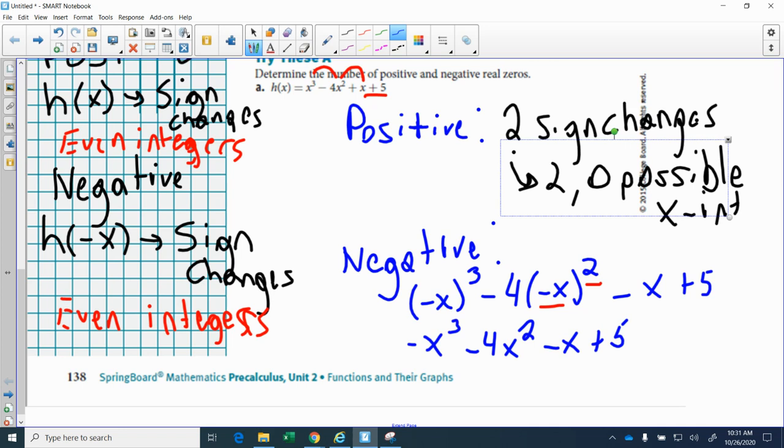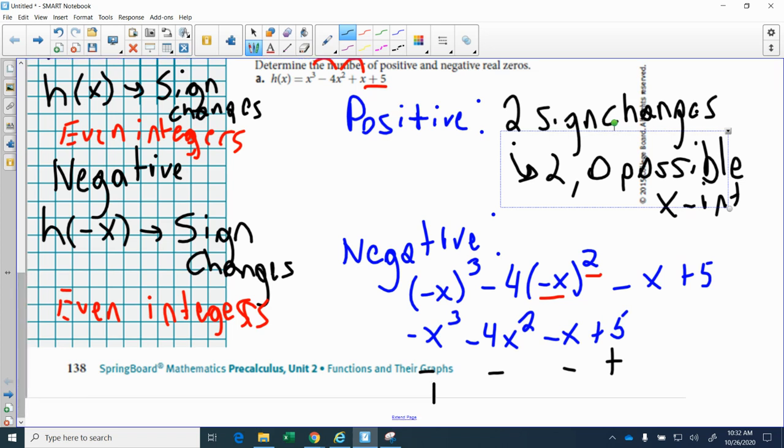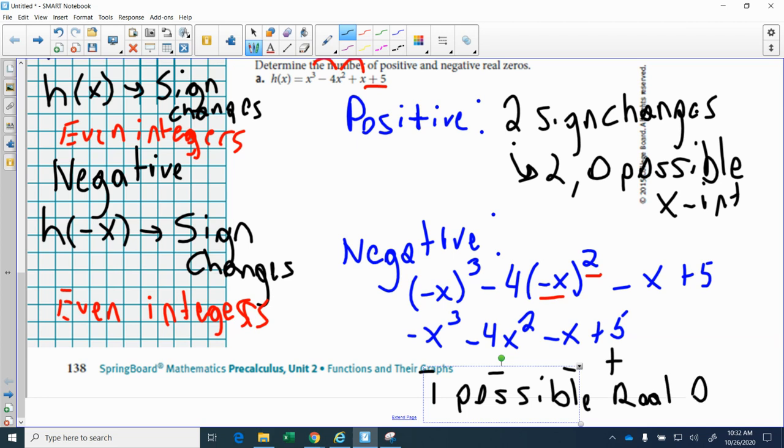So in this case, when I look at this, we only really have one true sign change, because if you notice, it stays negative, negative, negative, and then becomes a positive right here. So because of that, I have one possible negative real zero.